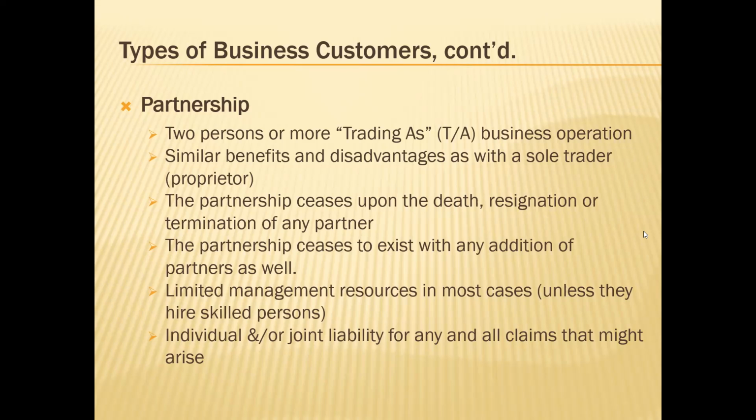I invested 40% of it. You invested 60%. Okay. They can come after me for the whole loan, even though there is no respect of whether I own less of the business than you do. Yeah, they can come after me for all.